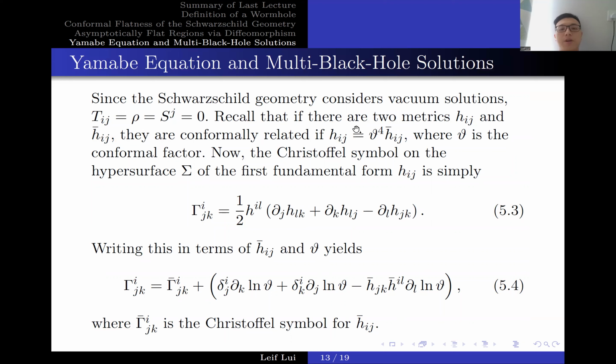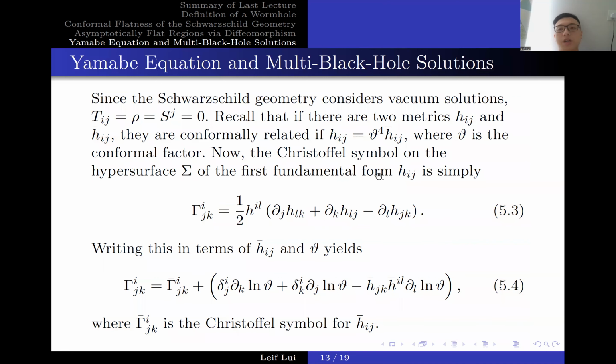Now, recall that if there are two metrics, h_ij and h bar ij, they are conformally related if they are related by some conformal factor. I'm going to call this theta. So theta here is the conformal factor. Now what we can do is calculate the Christoffel symbols on the hypersurface sigma.